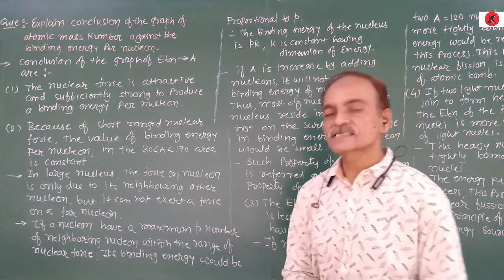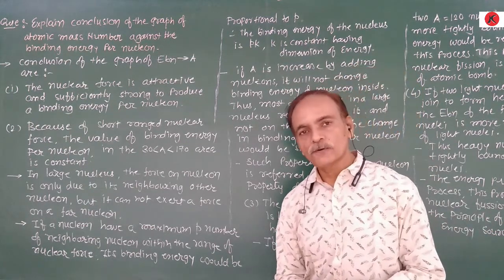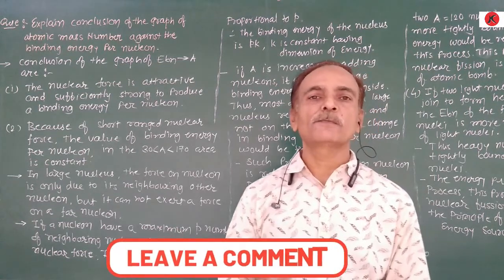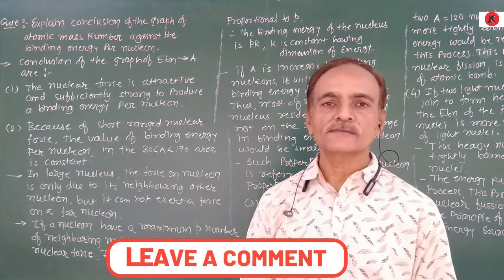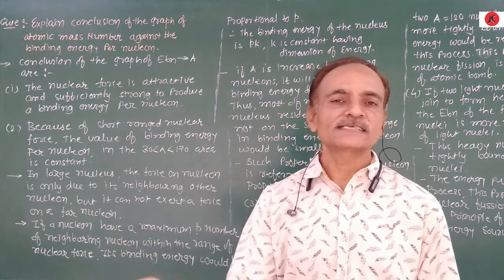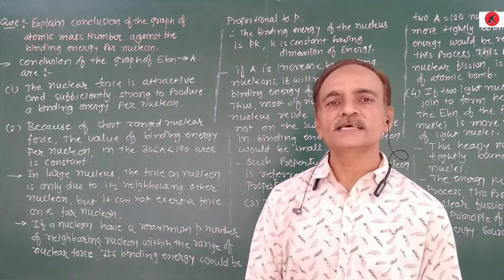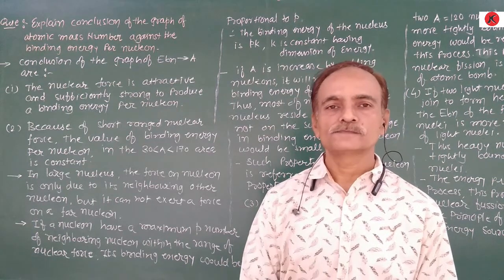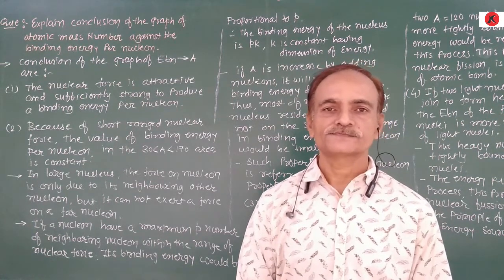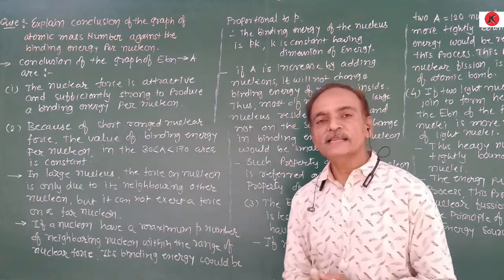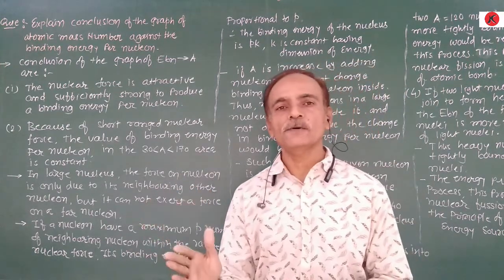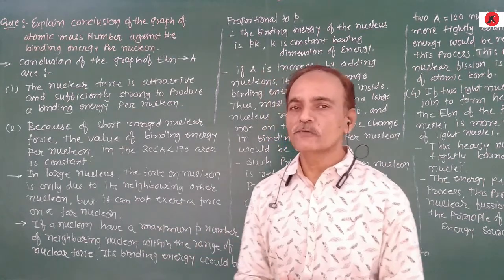And third, the ratio of number of neutrons to number of protons for light nuclei is 1:1. For heavy nuclei, that is increased to 3:2, that means 3/2.